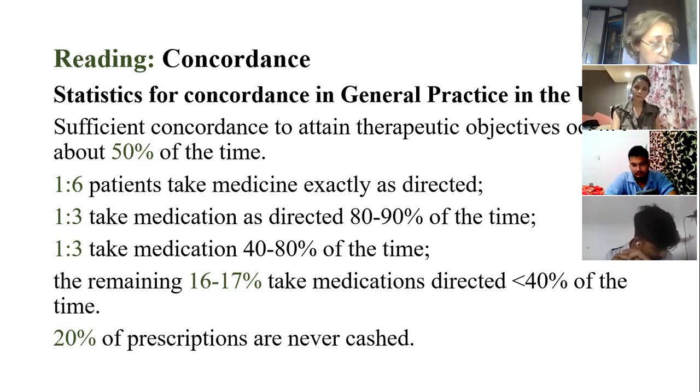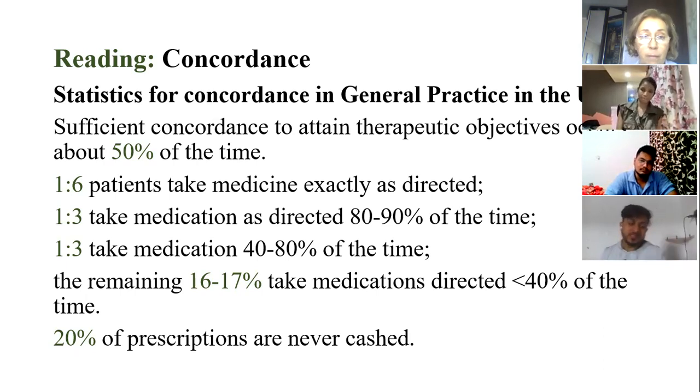Let us read it. Muhammad, will you read, please? Yes, ma'am. Statistics for concordance in general practice in the UK. Sufficient concordance to attain the therapeutic objective occurs about 50% of the time.